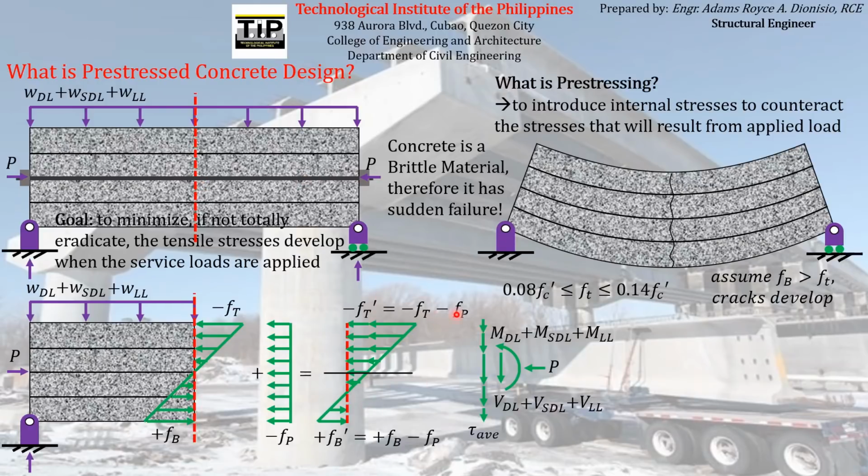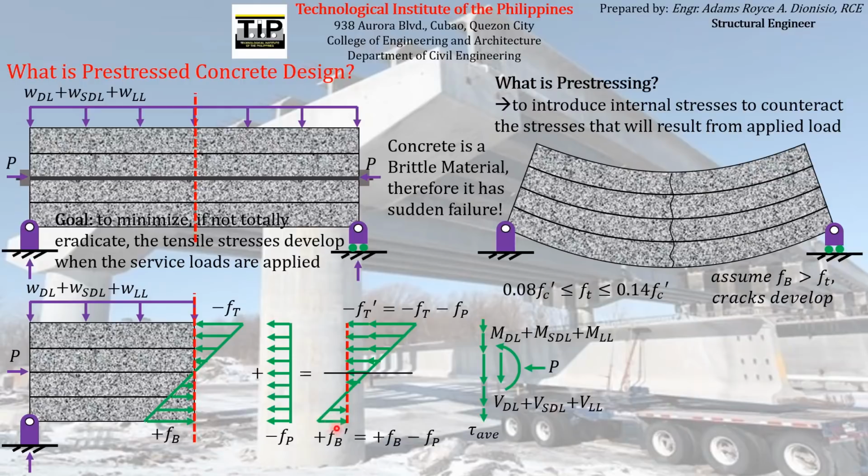By observing this diagram, we can see what happened when we added pre-stressing reinforcement to the concrete beam. Originally the flexural stresses on the concrete beam looked something like this, di ba? Yung kanina, ayan lang yung flexural stresses kanina nung wala pang pre-stressing reinforcement. So the magnitude of the tensile stress acting at the bottom fiber had this magnitude, F sub B. But when we added pre-stressing reinforcement, the magnitude of the tensile stress acting at the bottommost fiber is now this.